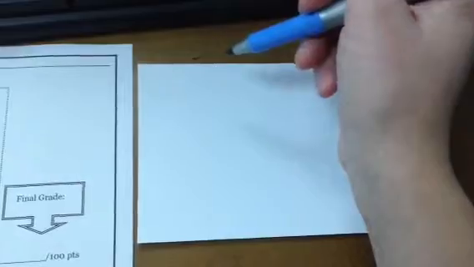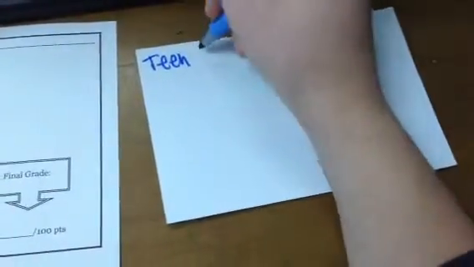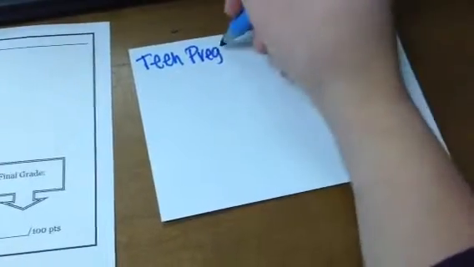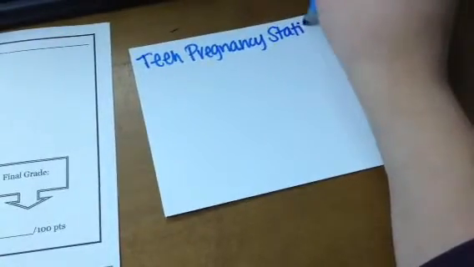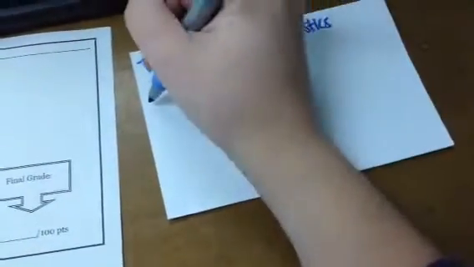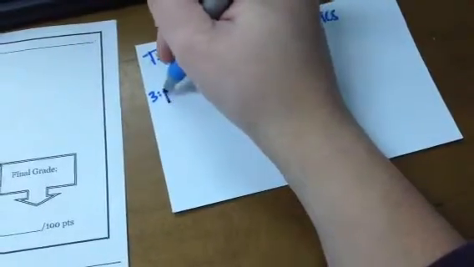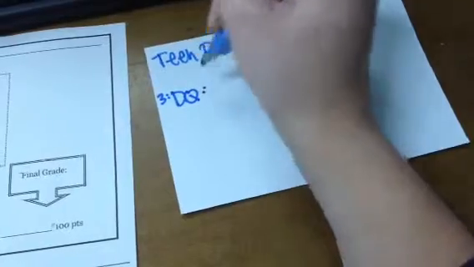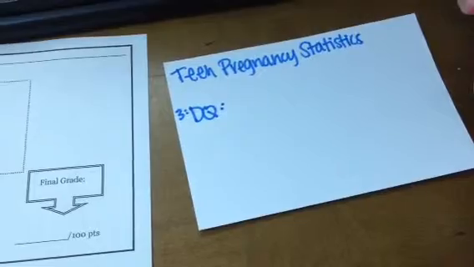So if I was deciding to write it on my note card, obviously up in this corner, I don't know the source card number yet. Over here, the guideline, I might write down teen pregnancy statistics. For number 3, if I'm taking it word for word, I need to write down direct quote. And then, of course, I'm going to write down the actual direct quote.